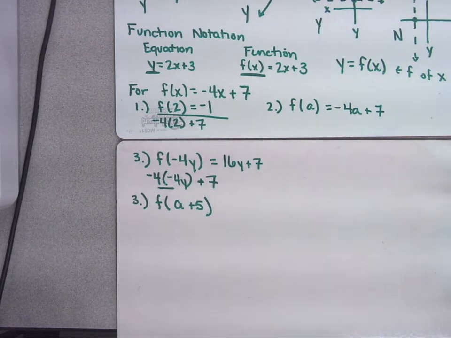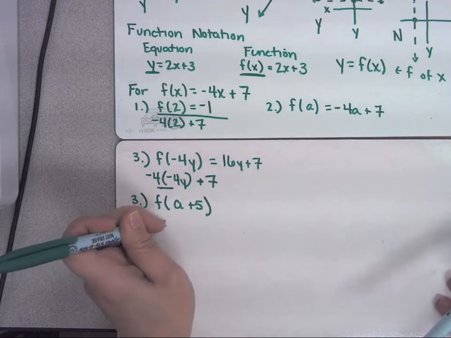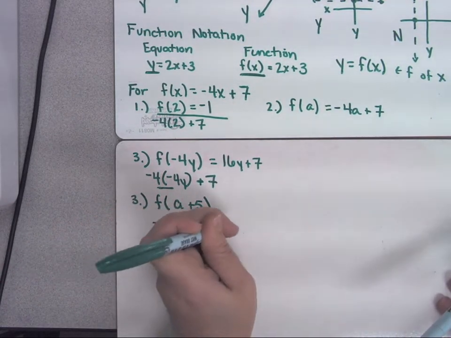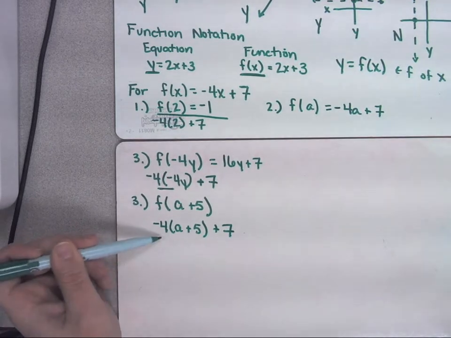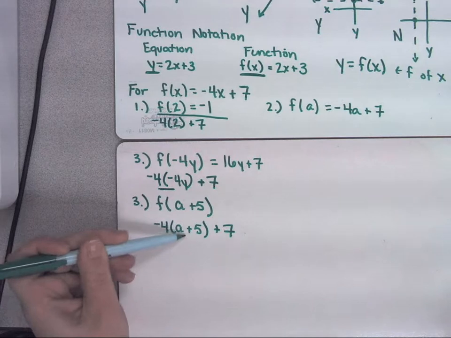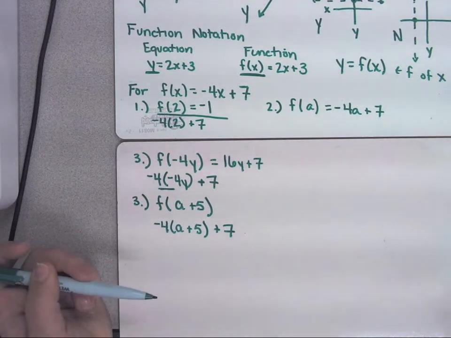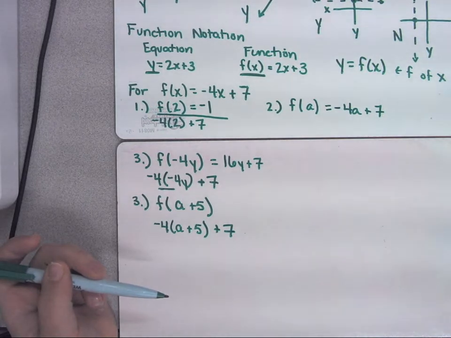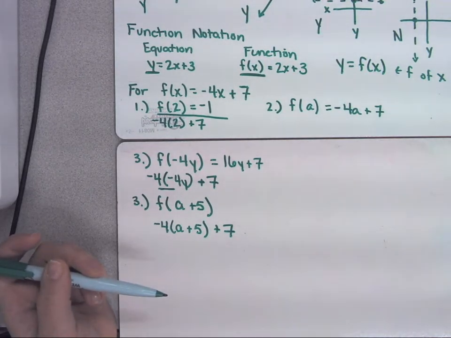Which means you're going to have to use what math property? What's this, right here? Distributive property, yes, thank you.